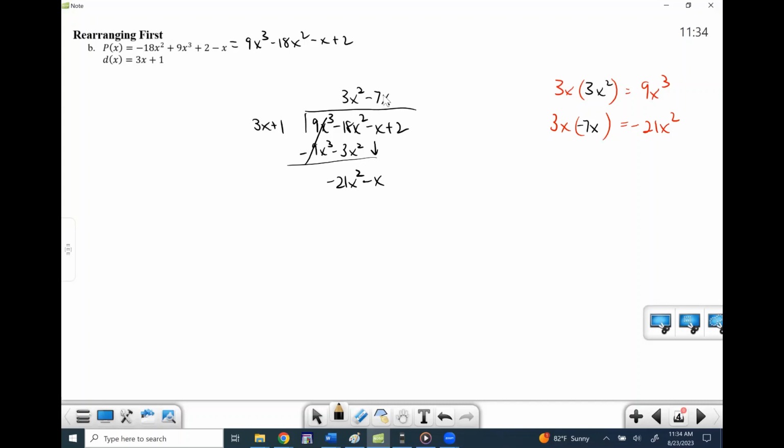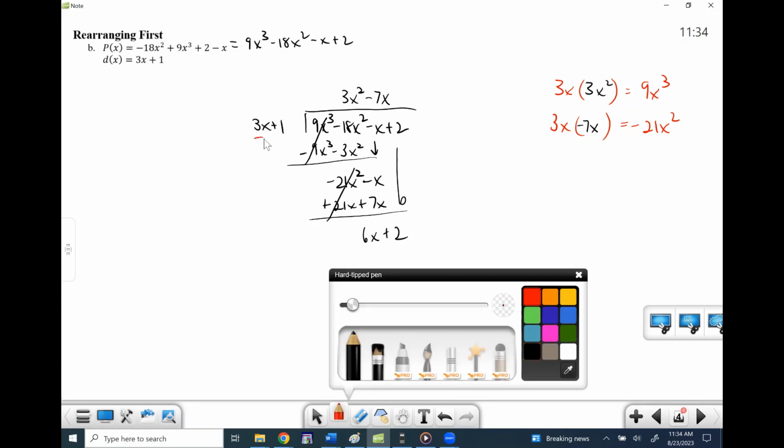So negative 7x has to distribute. So negative 21x squared, but since we're subtracting, it's going to be minus a minus, so change the sign to a plus. And then a negative 7x. Let's change the sign since we're subtracting. So that gets us 6x, and we'll bring down the 2.